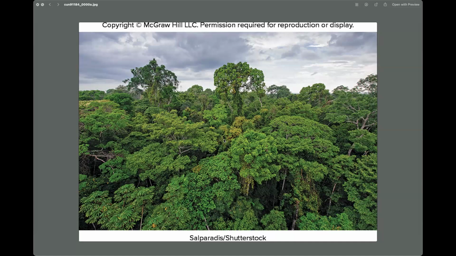So it looks like what you might imagine, very, very green, very lush, full of different kinds of species of trees. Interesting thing about the tropics, the closer you get to the equator, the higher the species variety, or you could say the richness of species. The further you get from the equator, you find more species abundance and less variety.